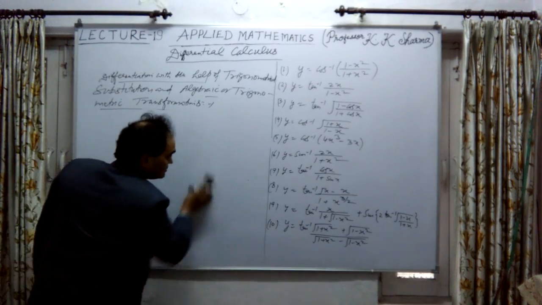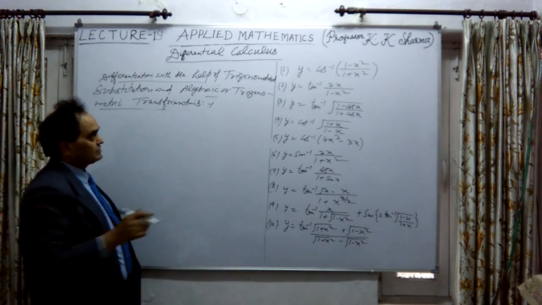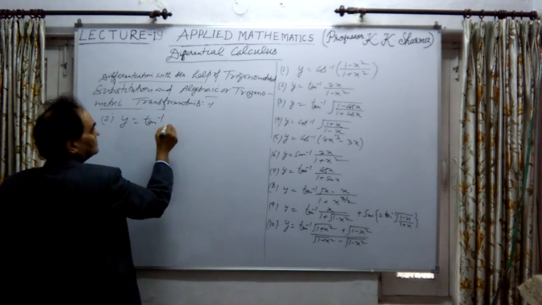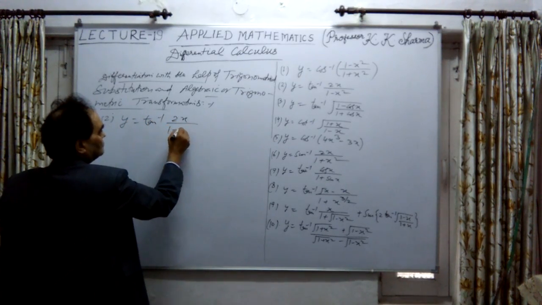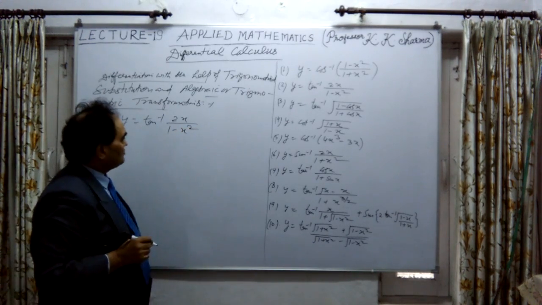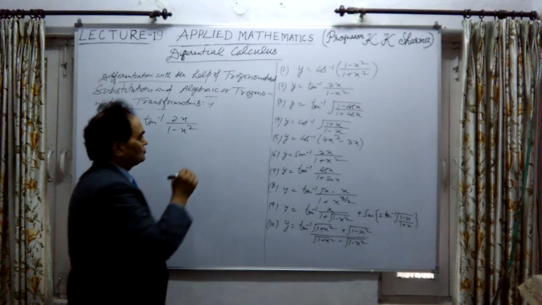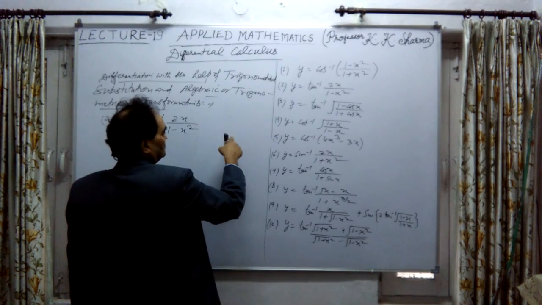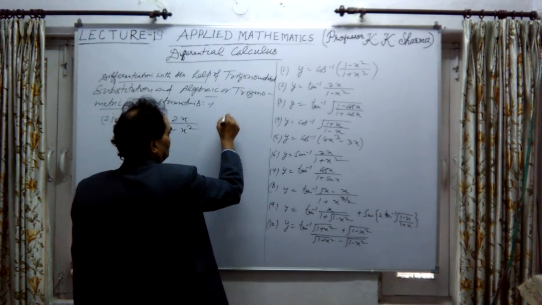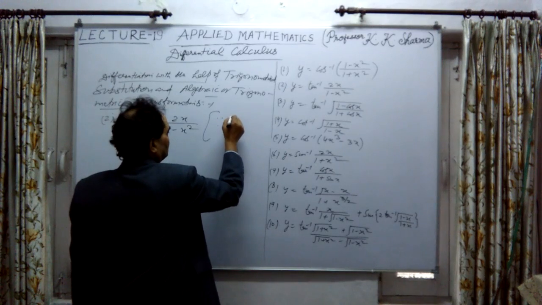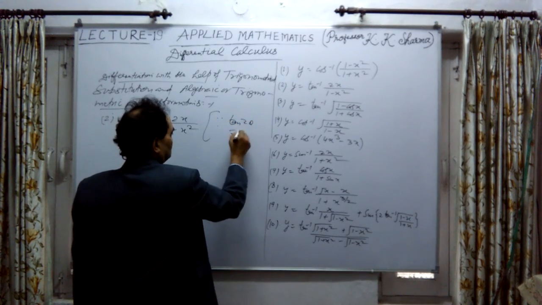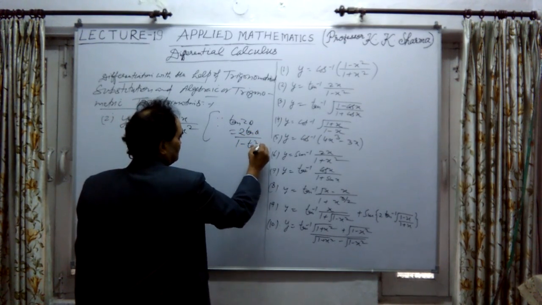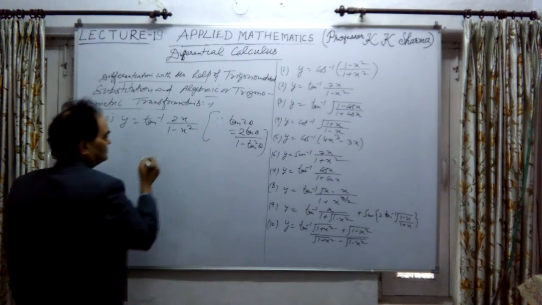Now let me take the second question. Here y equals tan inverse of 2x upon 1 minus x square. Again we substitute x equal to tan theta, because 2 tan theta upon 1 minus tan square theta equals tan 2 theta.